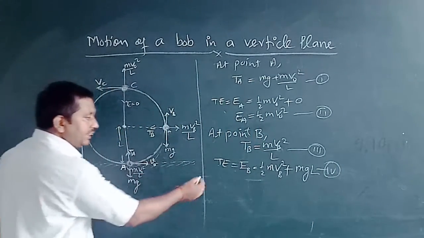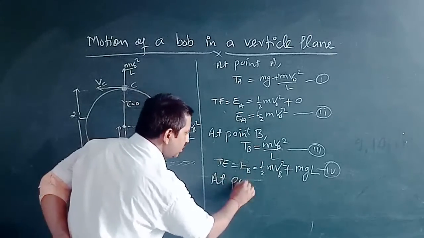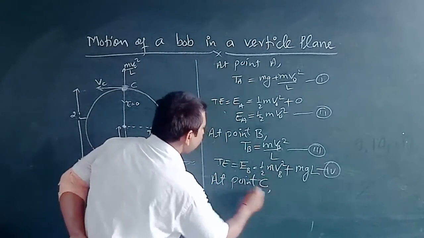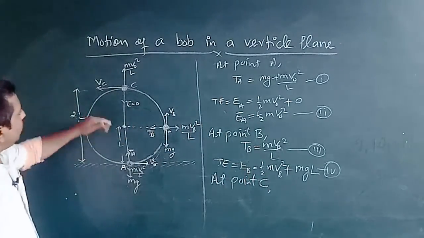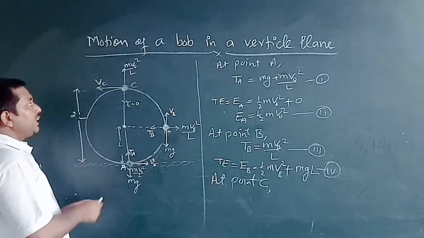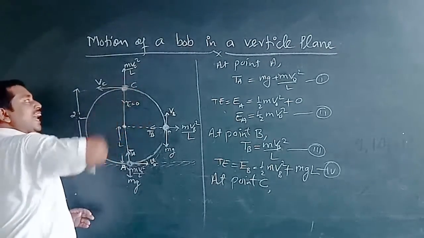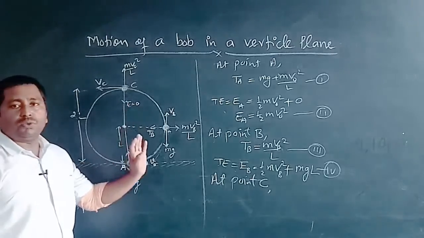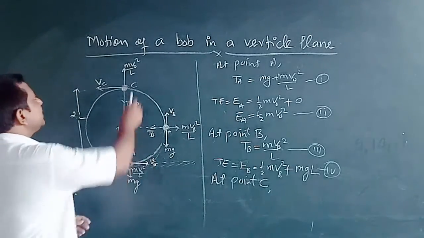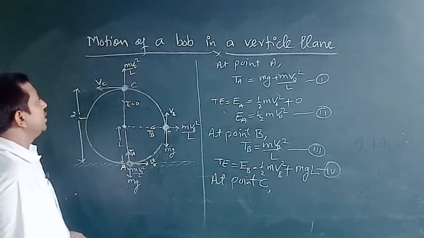Similarly, at point C the thread becomes slackened, which means TC is 0. So what balances the centrifugal force?